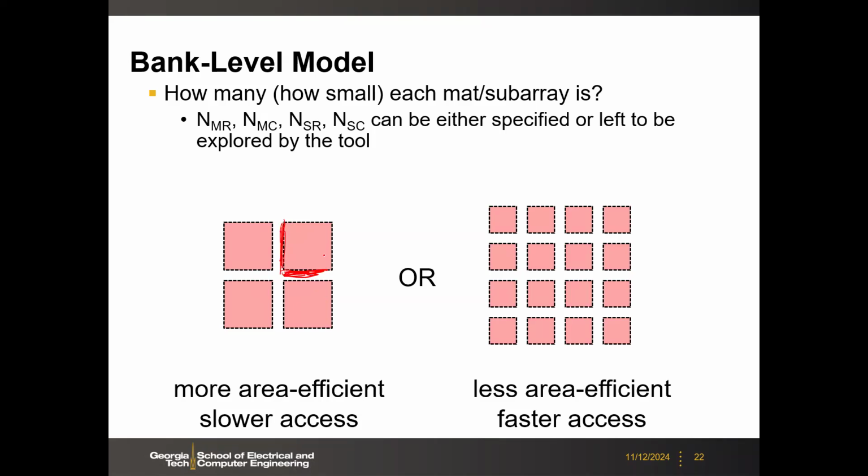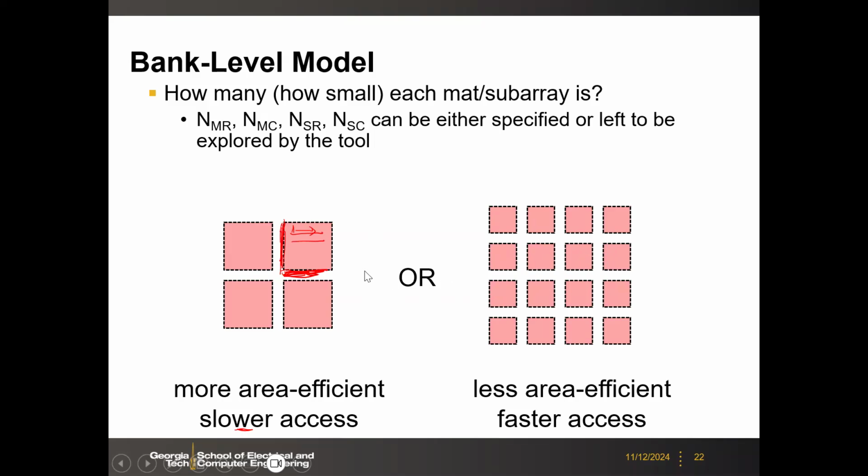But then the larger subarray will mean slower access, right? Because the word length and bit length will be longer, so the RC delay for the signal to propagate through the word line or bit line will be slower. So this is a fundamental trade-off between those two cases. As you can imagine, for the faster memory like SRAM, low-level caches, you want to design a smaller subarray size and then partition that into more units.